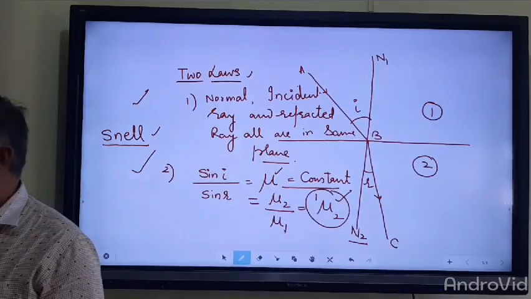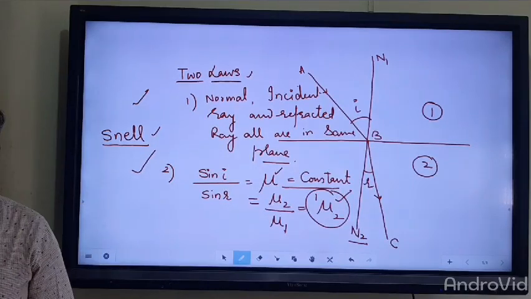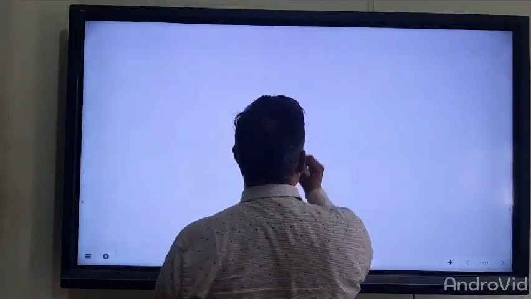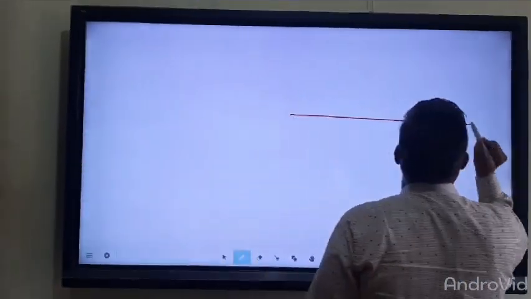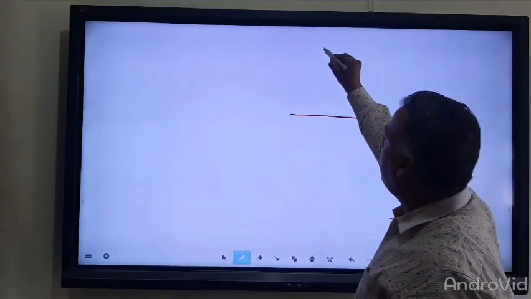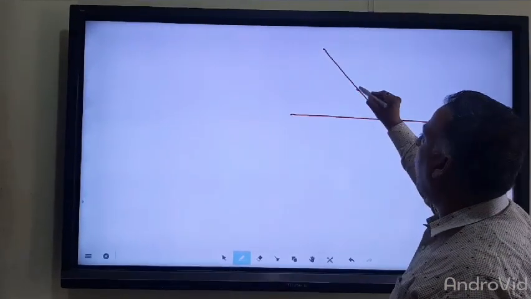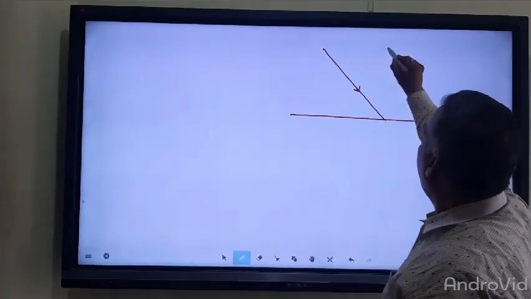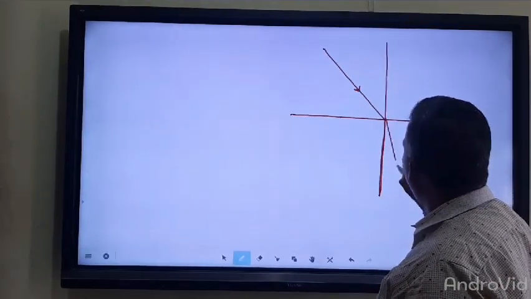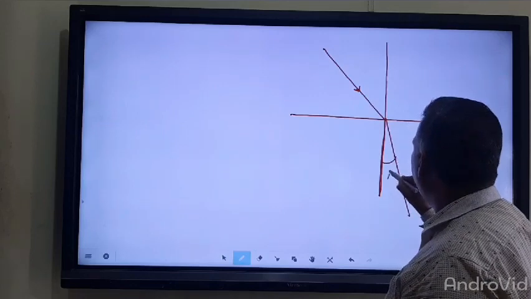Another phenomenon in refraction is that we can show the principle of reversibility. How does the principle of reversibility work in this case? For example, this is the interface, this ray of light is the incident ray, this is the normal, and this is the refracted ray.